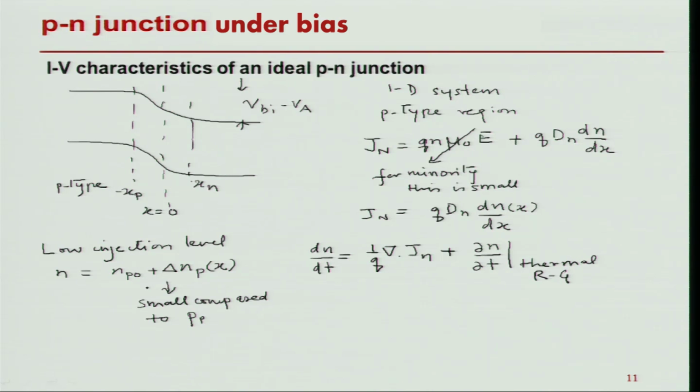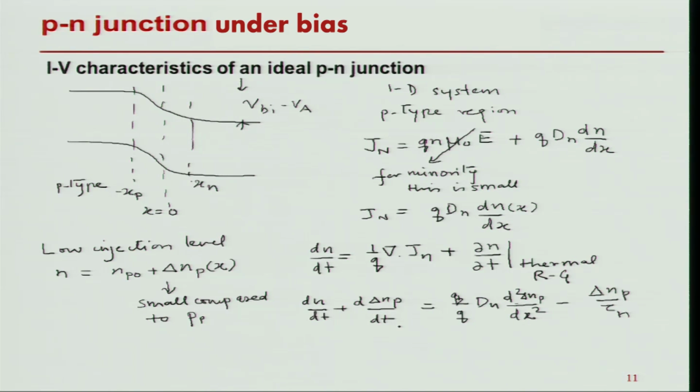So, I can replace n by this expression, which will basically give me, and further I can use the expression for diffusion current, and this gives me, now here since I am using low injection level, I can assume the mechanism for thermal recombination generation, which can be represented by the lifetime of the minority carrier in the p side.